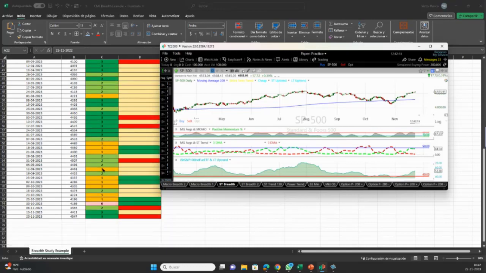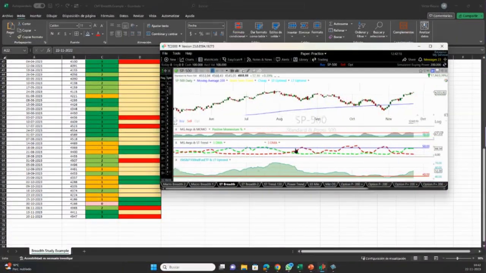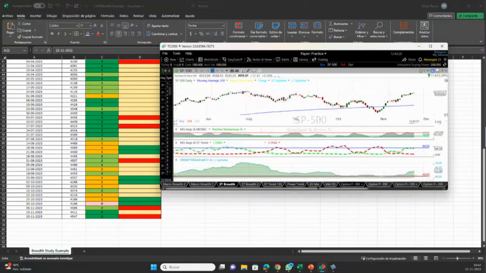So this shows the weakness that was going on behind the scenes, and we can see how during this period the Williams distribution was always dominating the Williams accumulation, and how breadth started to deteriorate.